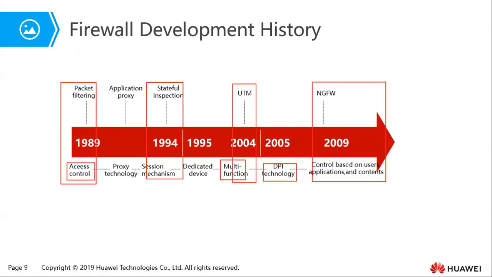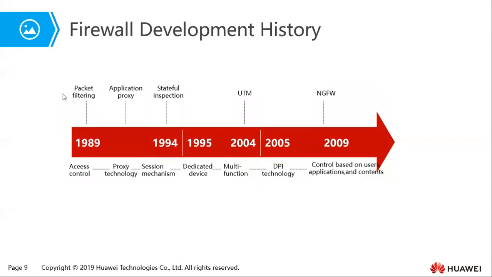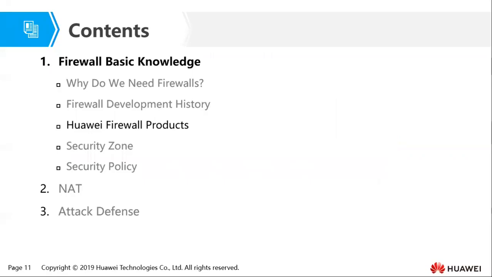It is controlled based on users, applications, and contents. The other advantage of next generation firewalls is that you can do a lot of configuration and specification. So that is how firewalls have evolved over the past 30 years.